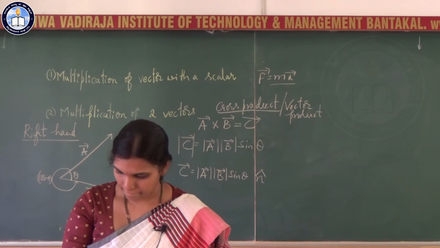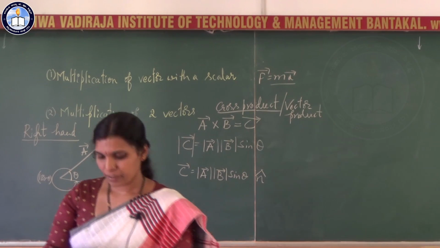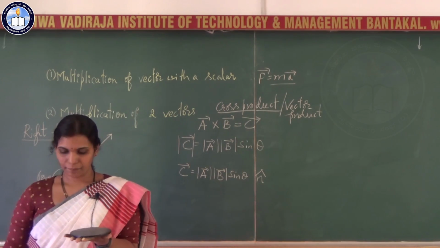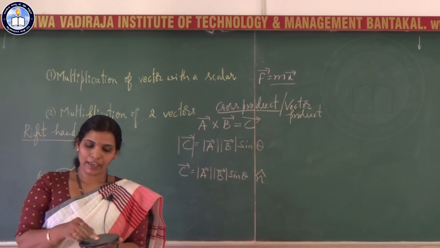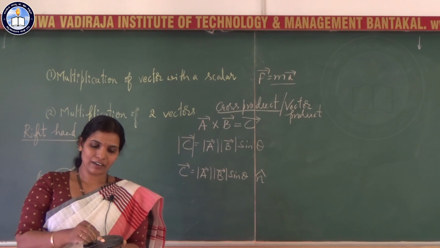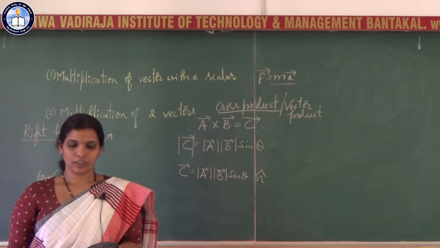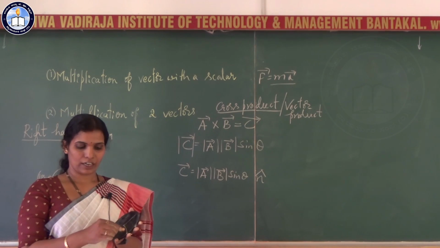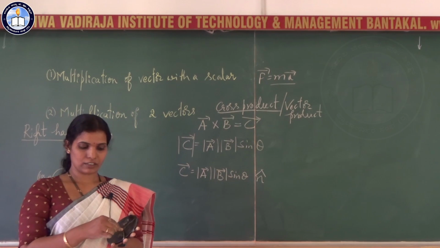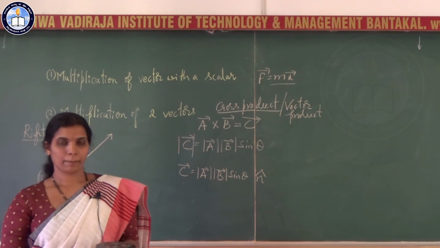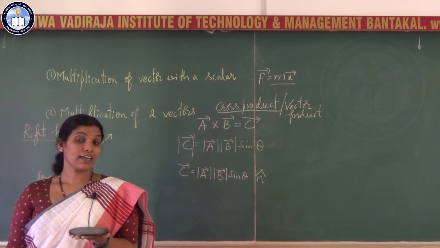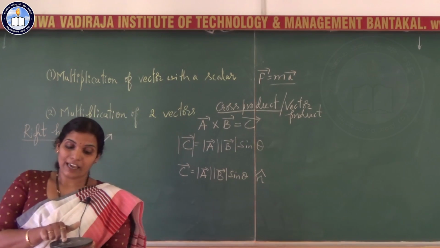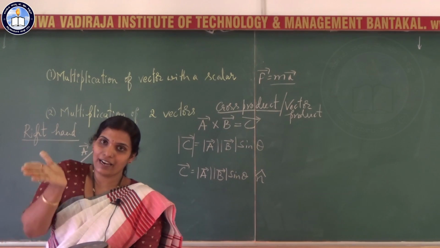Suppose this is a plane containing A vector and B vector. Suppose this is your A vector, this is your B vector, this is angle theta. So, how to find the direction of n cap? A vector to B vector, right hand thumb rule.